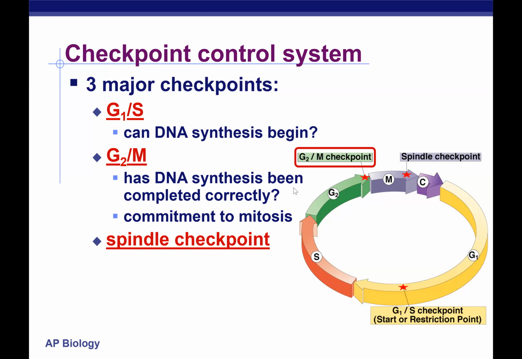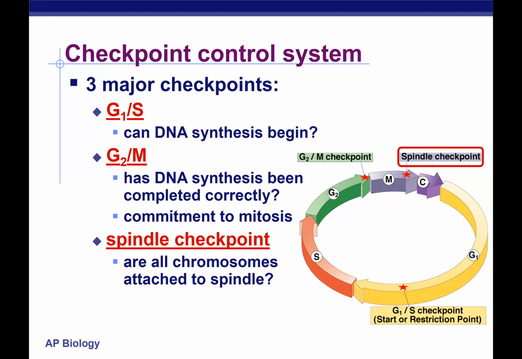Now, the third point of check is the spindle checkpoint, where the cell checks whether all the chromosomes are attached to the spindle and the sister chromatids can separate correctly or not. But the major controls are these two, the G1S transition point and the G2M transition point. So these are the three major checkpoints.